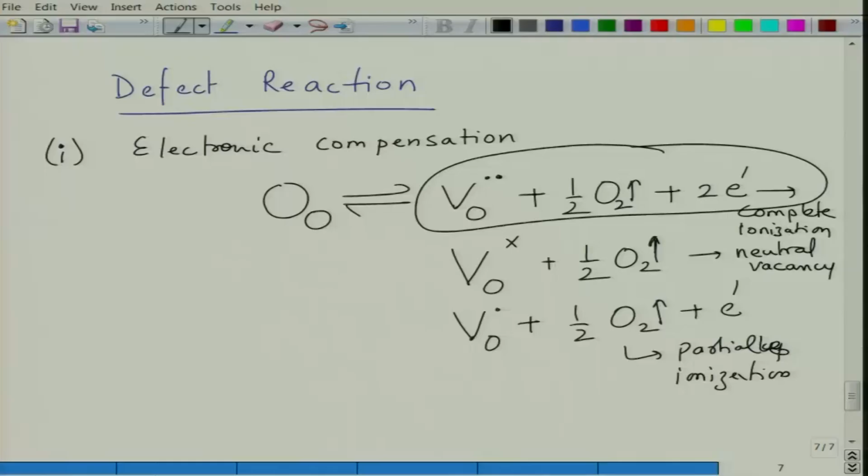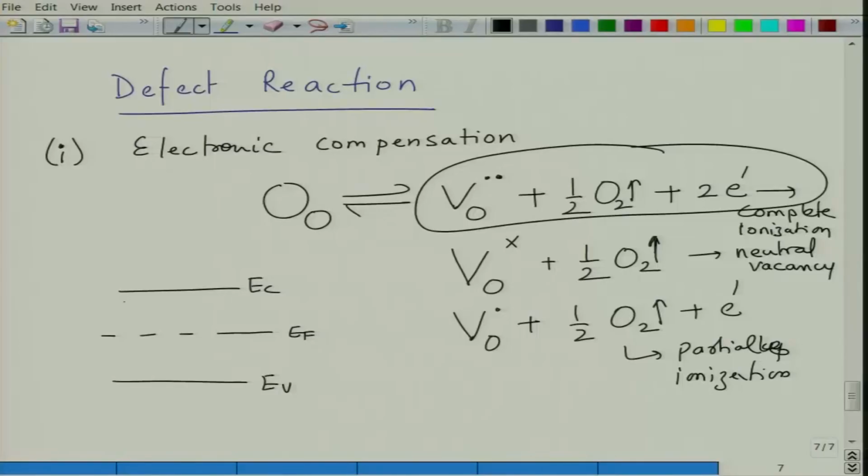So to account for the charges created at the vacant site, you need to create two free electrons in the system. Energetically, you can represent this as, so this is EC, this is EV, this is the Fermi level of the oxide. This is very much like creating an N-type defect. In silicon, when you add phosphorus, you create an extra electron. So here we are creating an extra electron by creating oxygen vacancies.